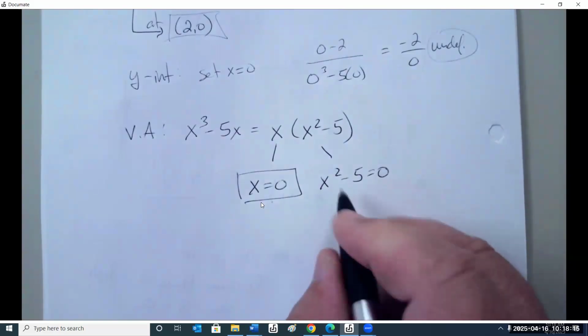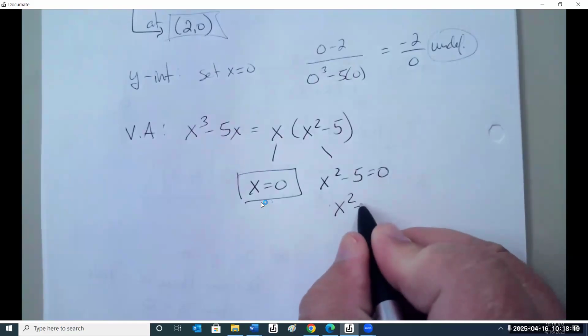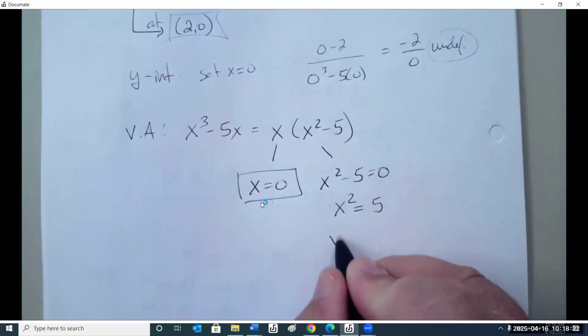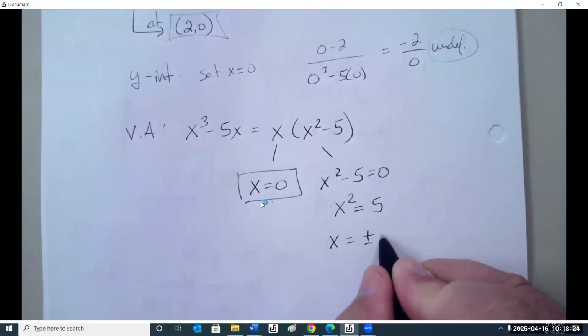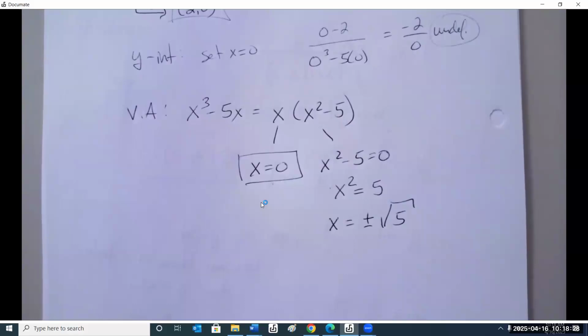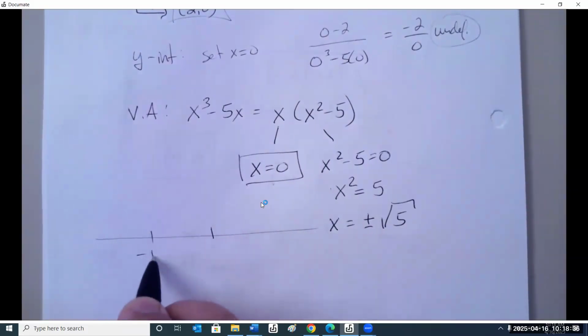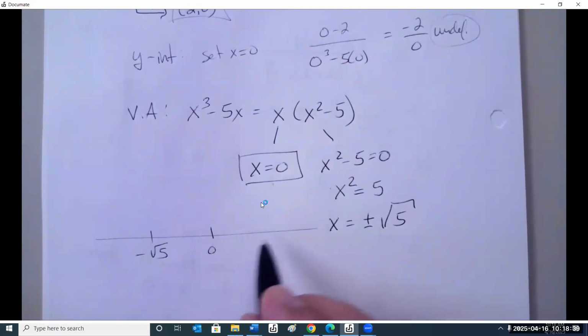And then for the other one, we have x squared minus 5. So solve for x squared. x squared equals 5. x equals plus or minus the square root of 5. So we have three asymptotes: negative radical 5, 0, and positive radical 5.